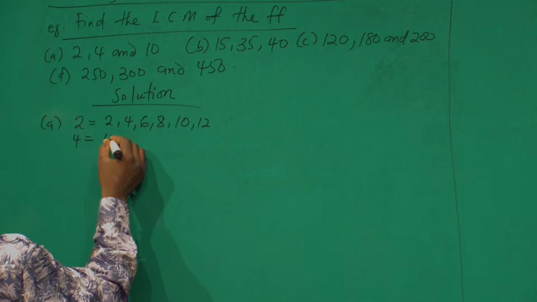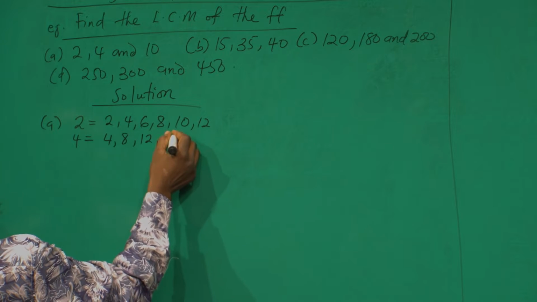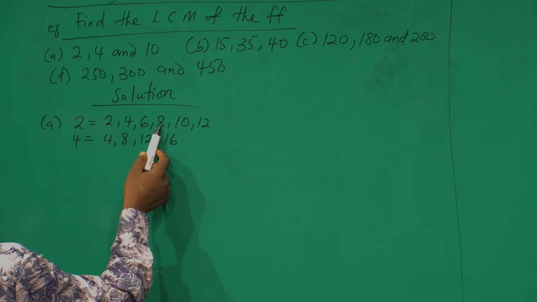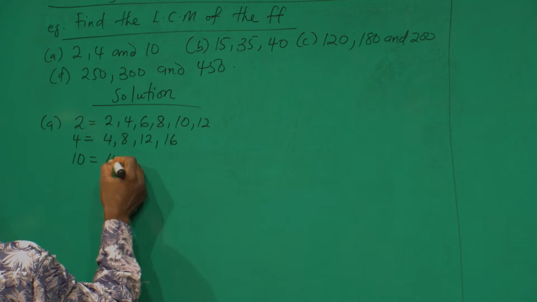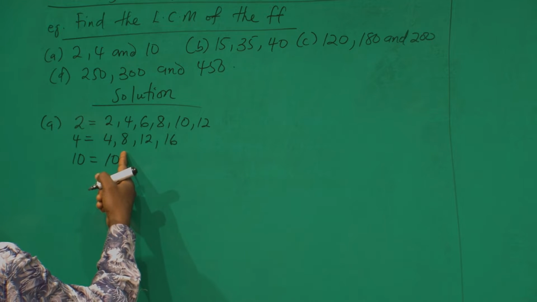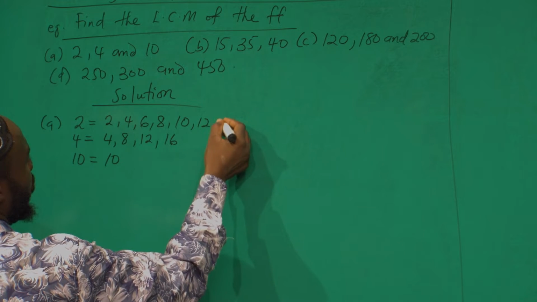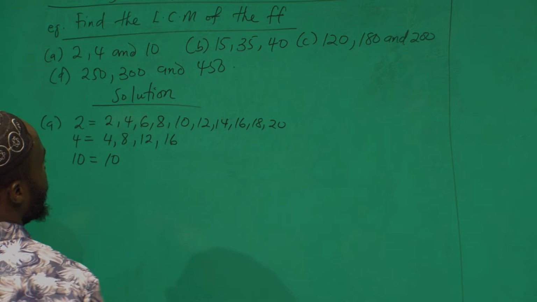We have 4, 8, 12, 16. Someone would say, I've seen 8 here, 8 here. So let me see whether the third number will get 8. 10, 20. There is no 8. So we need to continue. So we have 14, we have 16, we have 18, we have 20.